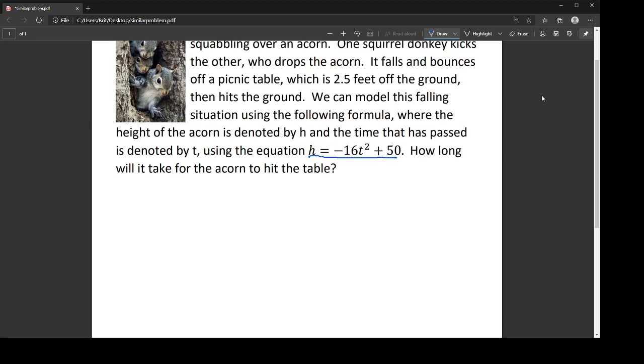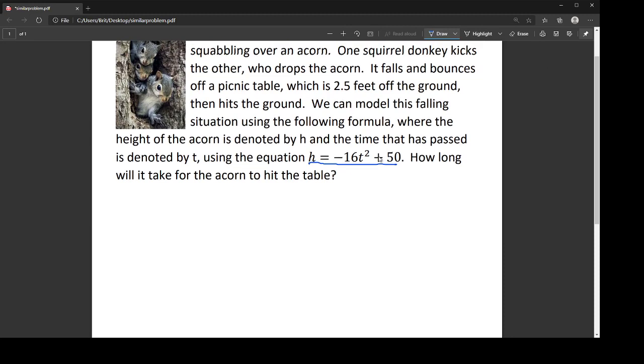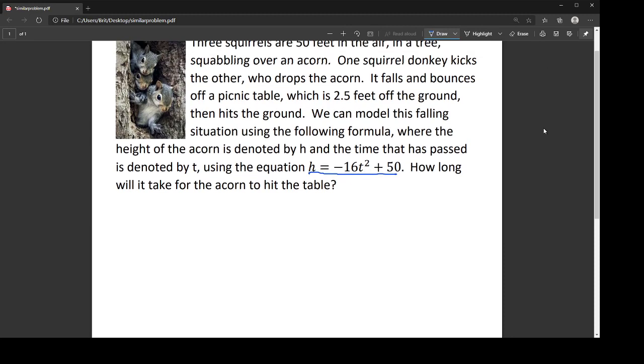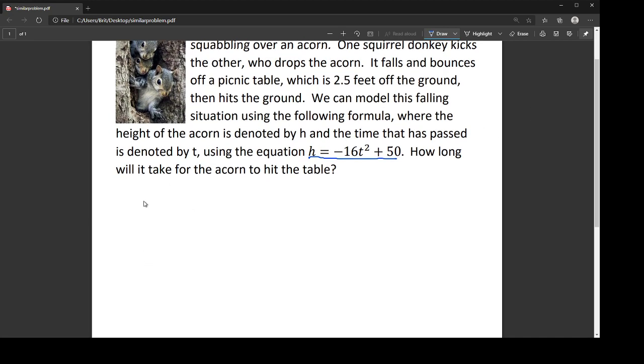You're welcome. So, in order to solve this, I first want to talk about the parts of the equation that you see here. So this 50 is the 50 feet that the squirrels are in the tree. So if I was graphing this, here's our squirrels way up here in the tree. That's at 50 feet. Okay, so then they drop this acorn, and it's going to fall at this kind of rate.